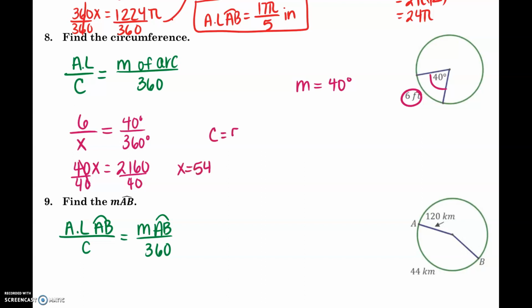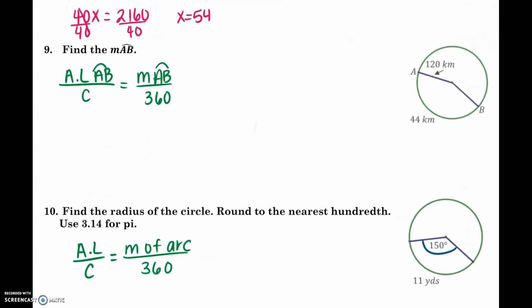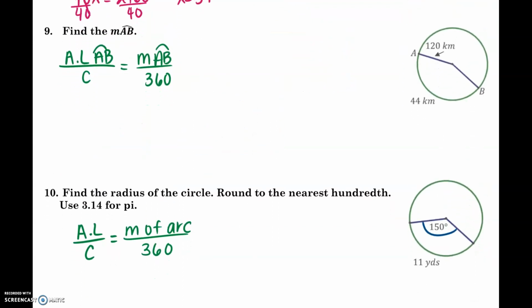So our circumference is 54 feet. Next, we want to find the measure of arc AB. So here we're not finding the arc length, we're finding the measure in degrees. So they tell us that our arc length is 44 kilometers, so we have 44.